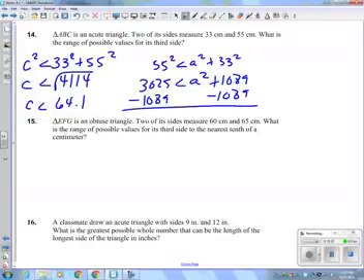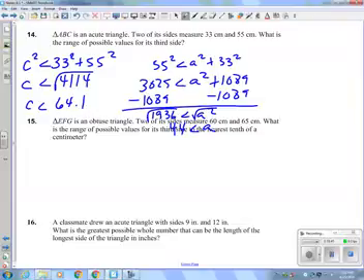So if we take away that, take away 3025, we get 1936. So let's square root that. The square root of 1936 is 44. That came out exact.